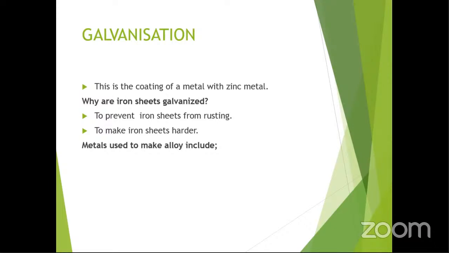These are the metals: we have copper, zinc, tin, lead, and mercury. Those are the main examples of metals that we use to make alloys.